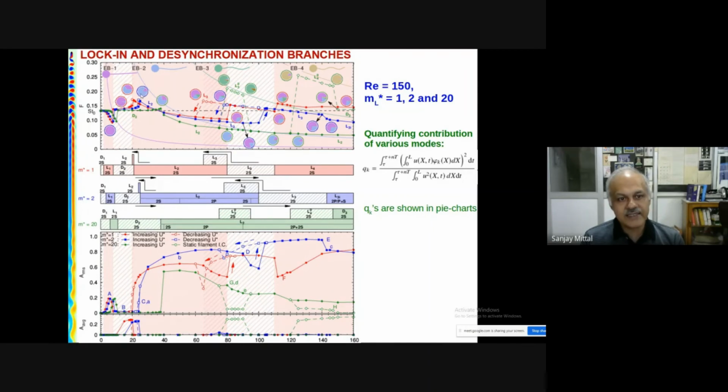Whereas at another u star, it is primarily the second mode. And then you could have a situation where a third mode is playing a role. So we tried to figure out which mode is playing a role, and that's what we have marked here. Lock in with the first mode, lock in with the second mode, L2, L3 is lock in with the third mode, and L4 lock in with the fourth mode, and so on. So very, very rich dynamics.